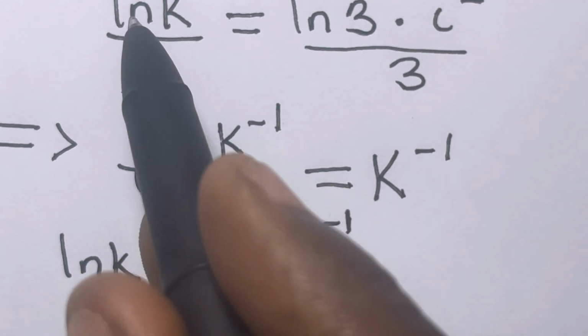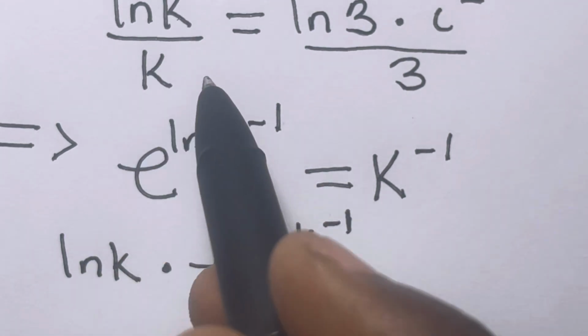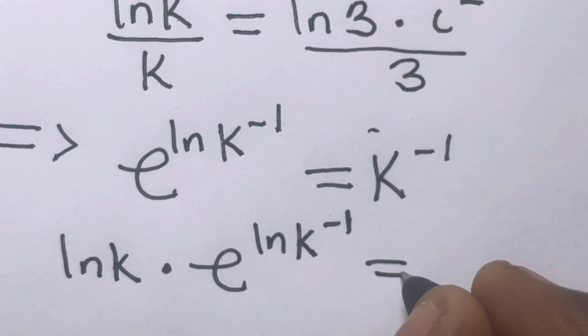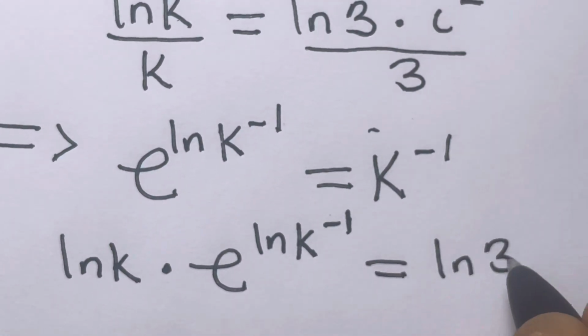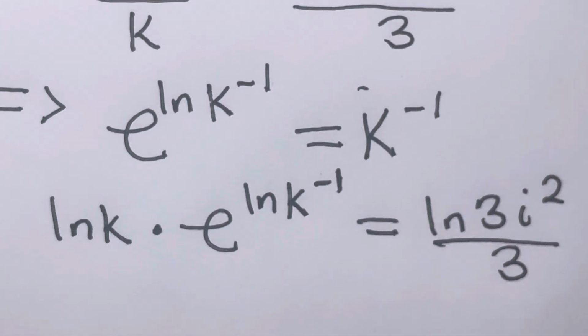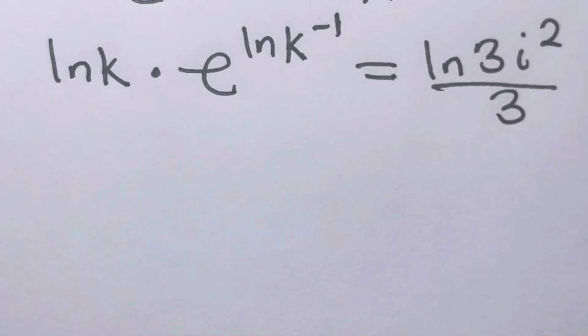Because this is ln k divided by k, it remains k raised to power minus 1, so equals ln 3i squared divided by 3. So here we can multiply both sides by minus 1.